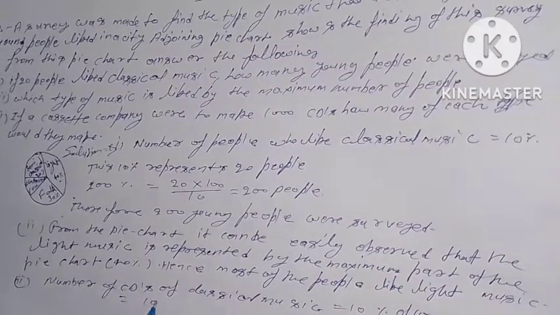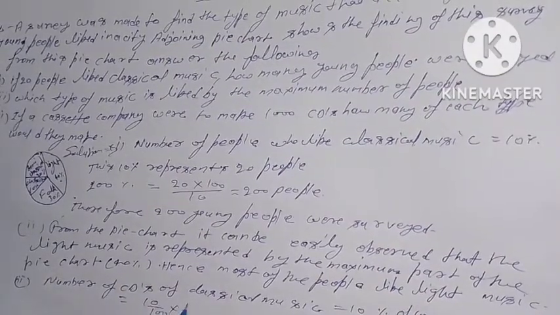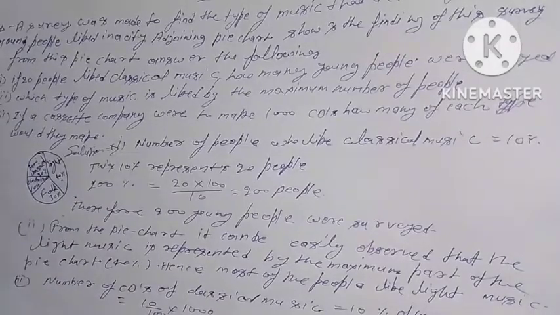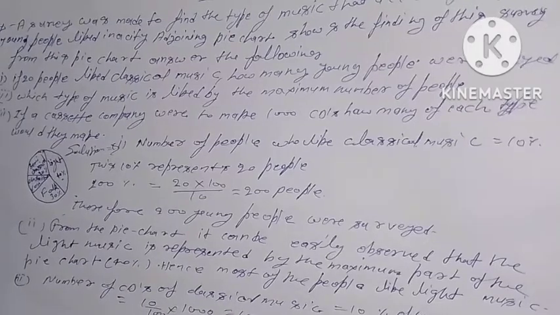Then 10 upon 100 multiply 1,000 equals 100.